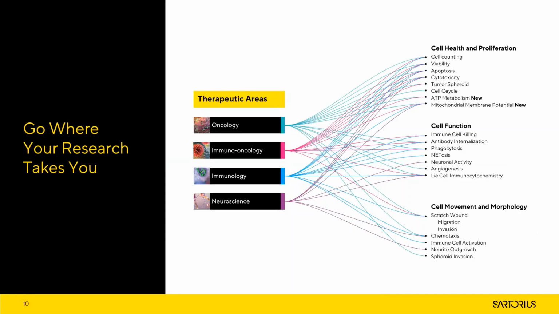The Incucyte will be able to answer any of the questions for your team and really let the team focus on what are the possibilities instead of having to wrangle technology. So with that, I will turn it over to Dan Appledorn, who will get to the really exciting part, which is showing real-world application data from the Incucyte SX5.